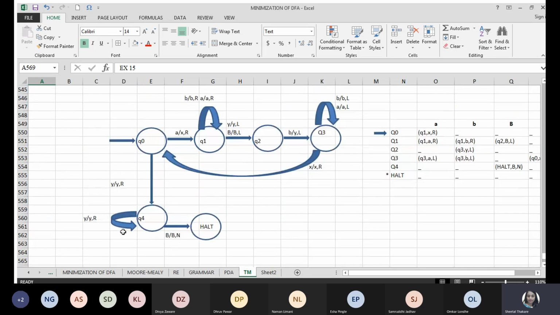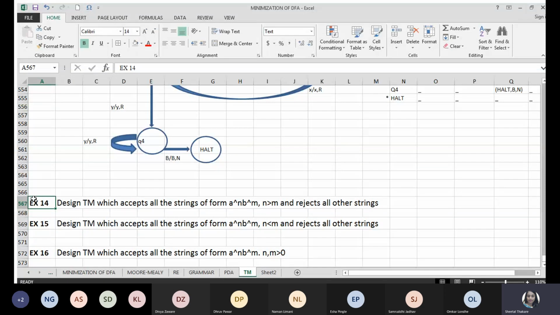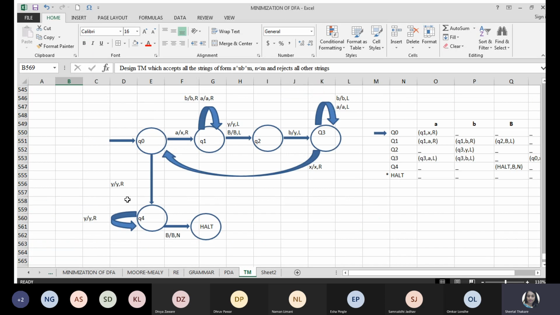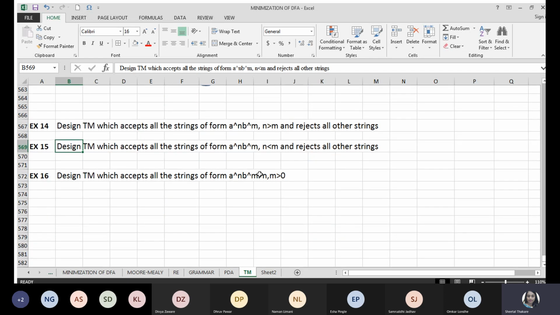So try, we have seen this one, theoretical or pictorial solution or explanation of 14 we have seen. So try to design or modify this one. Try to design it from scratch. Take a minute or two.